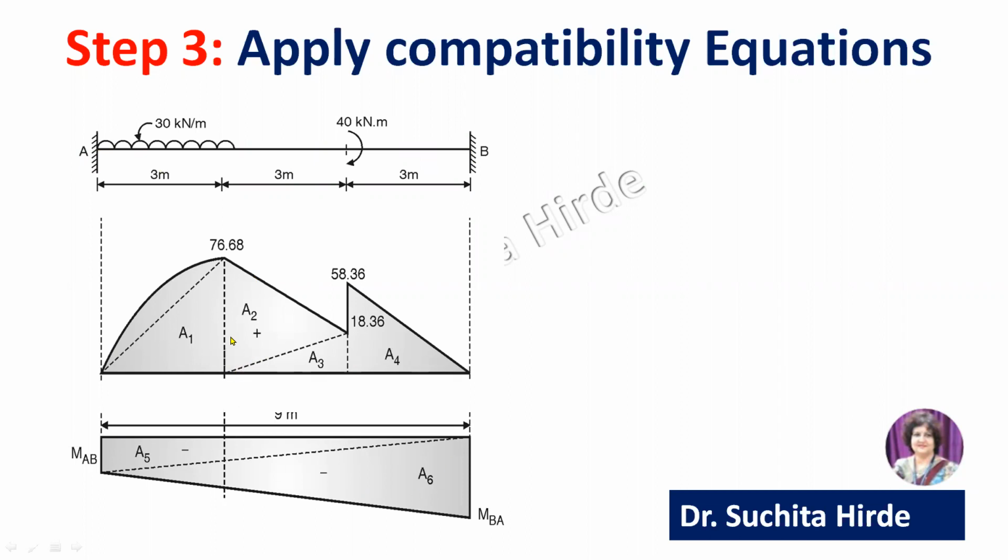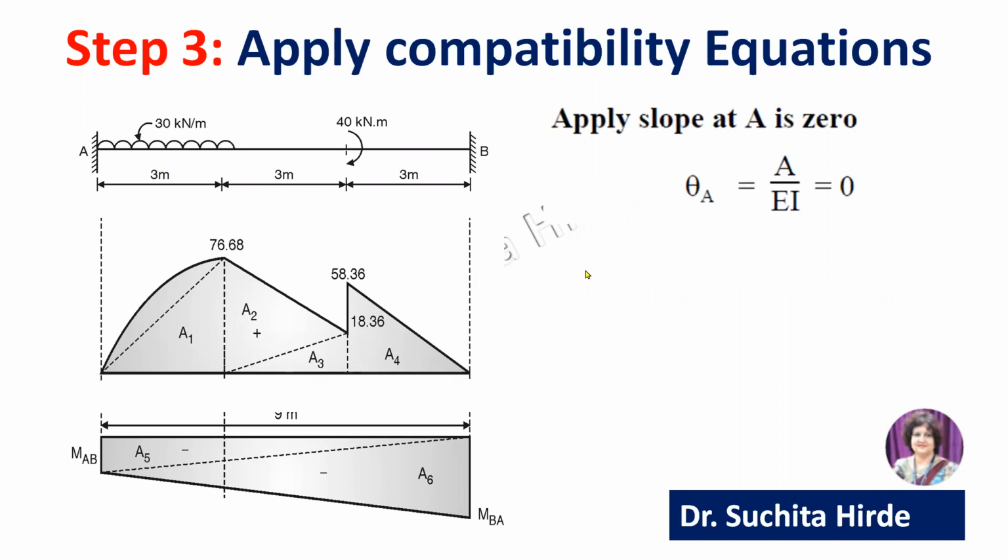So the difference of slope at A and B is 0. So we can apply that slope at A, theta A, is 0. How are we going to calculate it? By taking the area of the bending moment diagram between A and B. So we get the equation A upon EI is equal to 0. Now in this beam, EI is constant, so we can simplify this further.